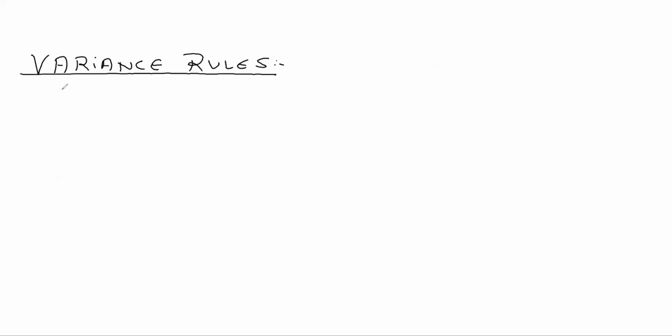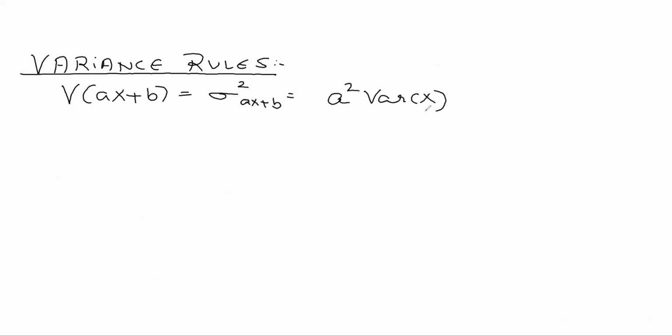Variance of ax plus b, which we denote as sigma square of ax plus b, is nothing but a square into variance of x. Why? Because we know variance of a constant b is 0. Variance of a constant is always 0.